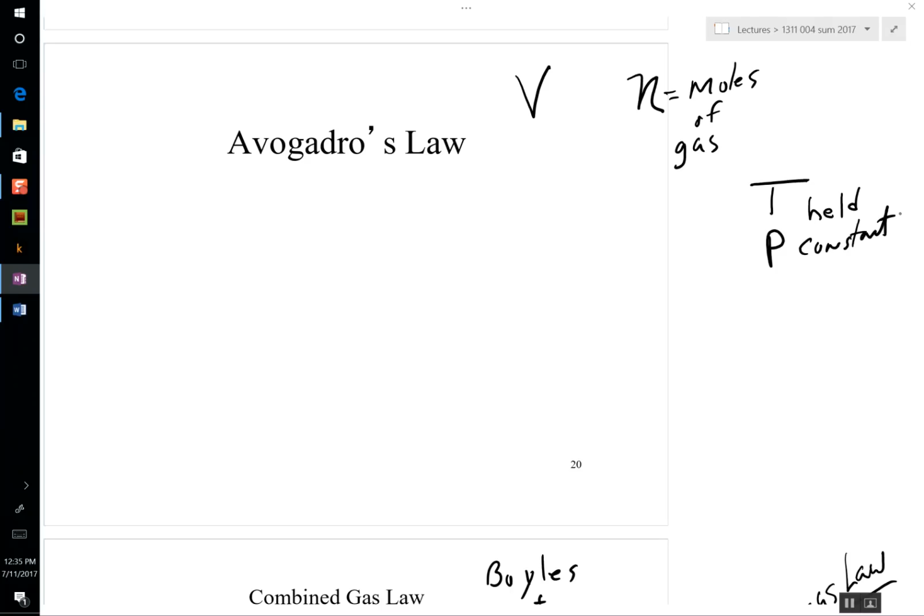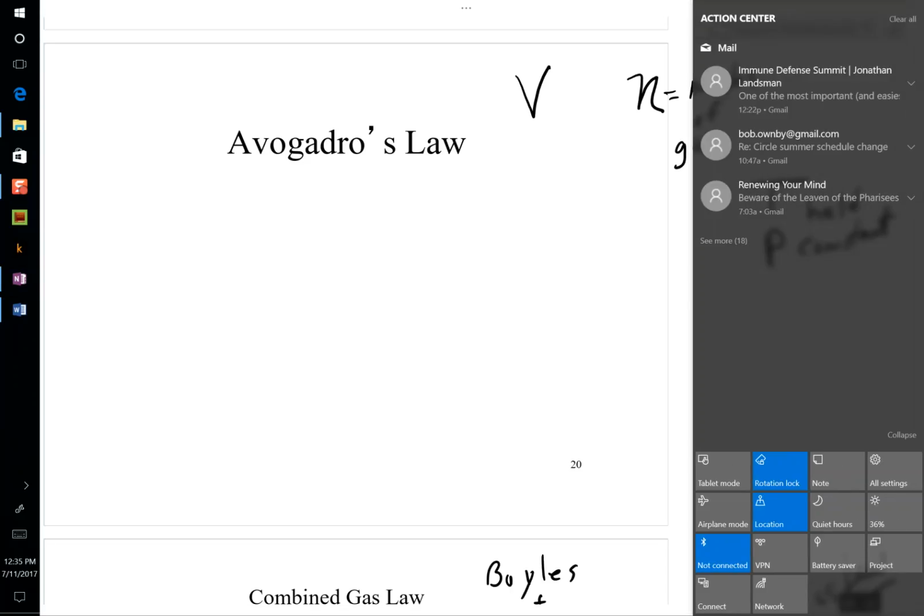Let's do that again. I'm going to add more air to the balloon. What happened to the volume? It increases. So as I increase the moles of gas, volume increases. All right? Avogadro's law.